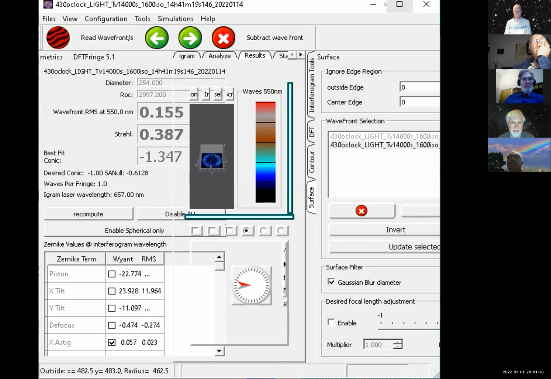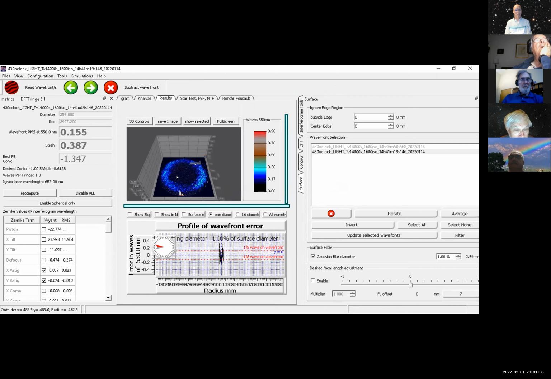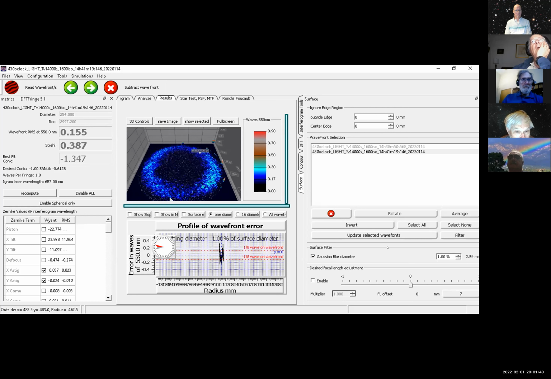This Zoom stuff gets in the way, so whoops. Sorry about that. Okay, you can see here how when I have a little Gaussian blur, it makes things look really bad, okay?